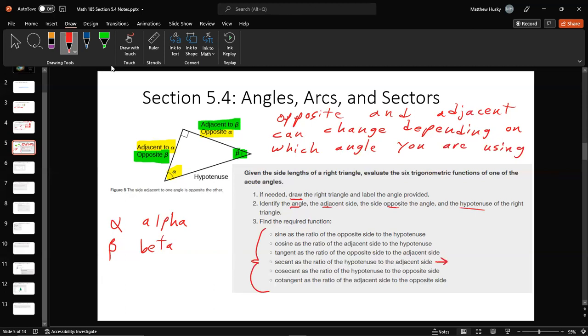So the secant is the reciprocal of cosine, and the cosecant is the reciprocal of sine, which I believe we've talked about before. It's kind of a blur given how long ago that was.